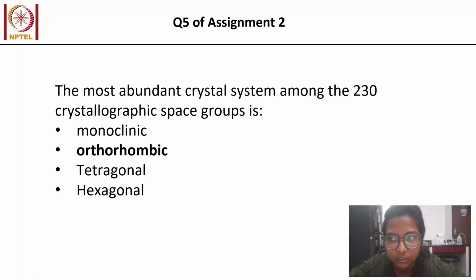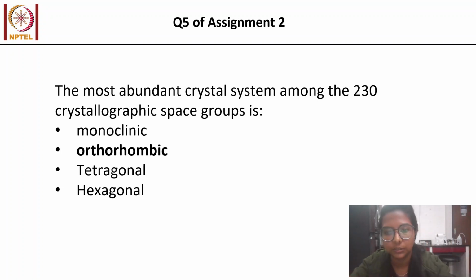And we have the highest symmetrical one, the cubic system, where a equals b equals c, and the angles alpha, beta, gamma are all equal to 90 degrees.